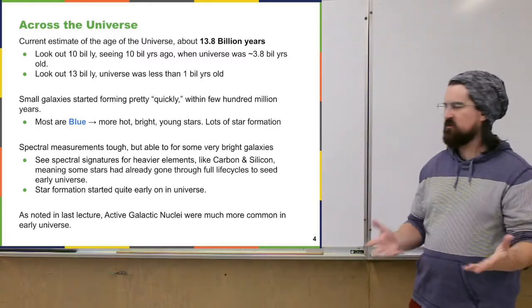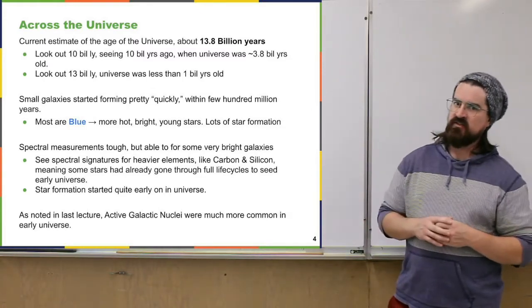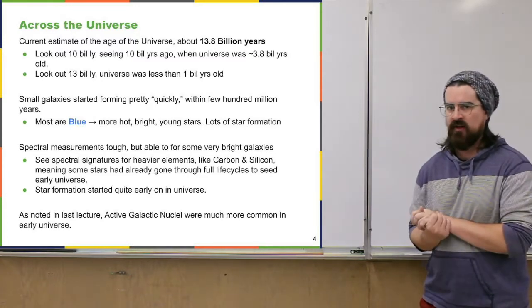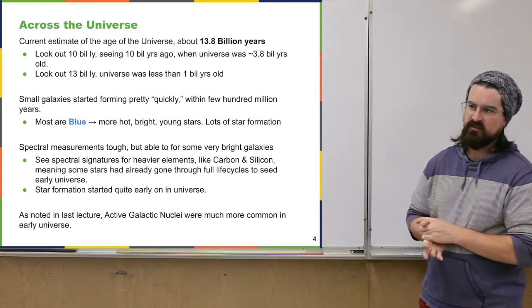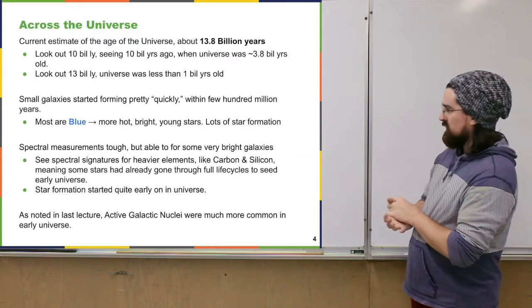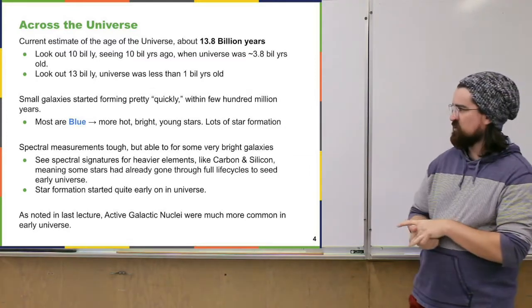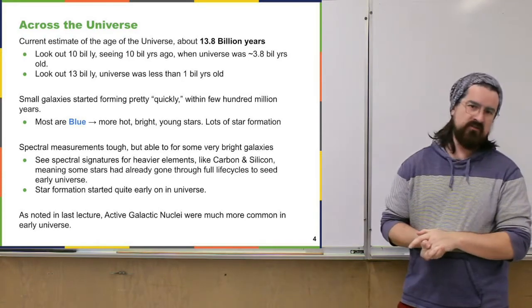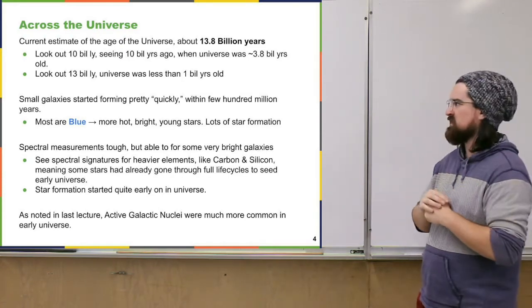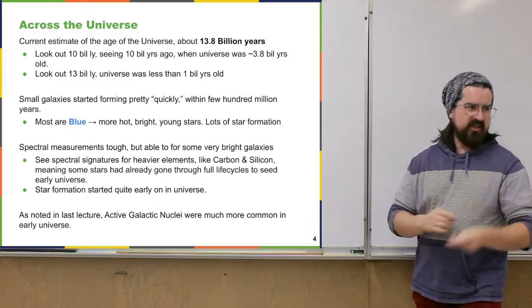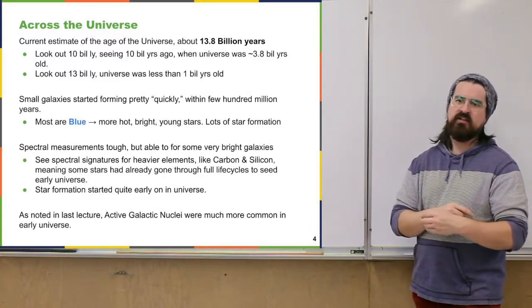So what are some things that we see or notice if we look out at things really, really far away? Right? So very early on in the history of the universe. Well, even within a few 100 million years after the universe began, there already seem to be smallish sort of galaxies that have formed. So it seems that galaxy formation didn't take all that long to get going. Right?